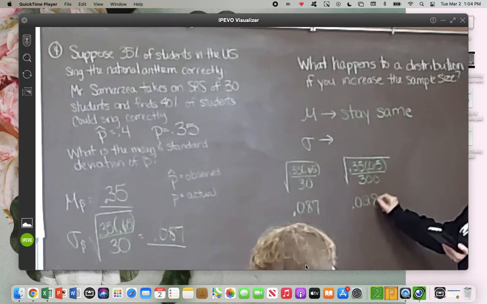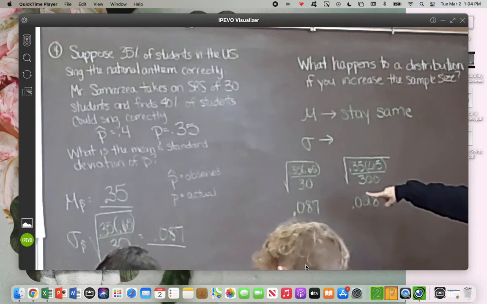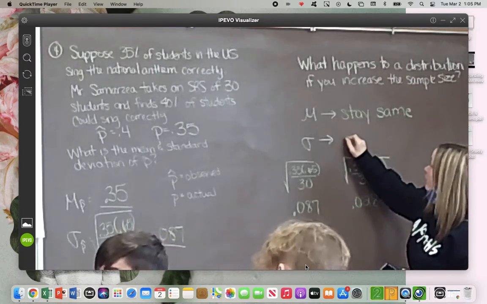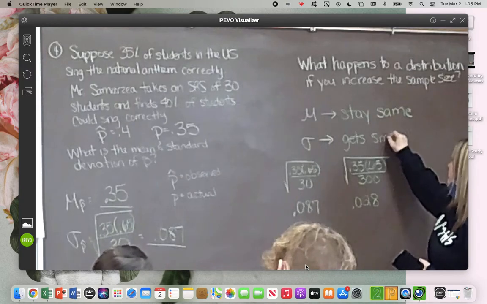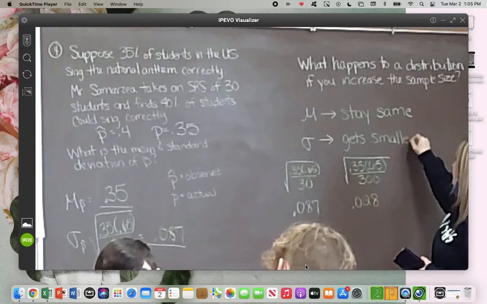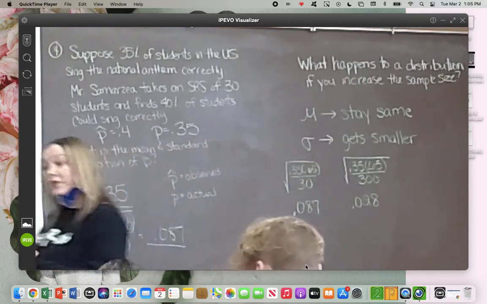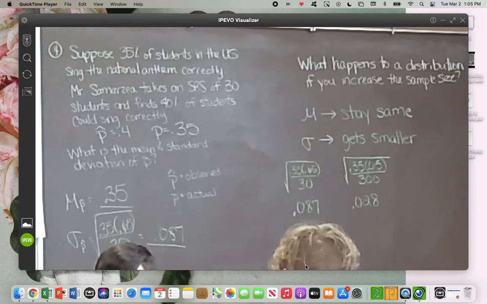So when I increase the sample size, did this get larger or smaller compared to the last? Much, much smaller. So if you increase the sample size, it is going to shorten that standard deviation down.